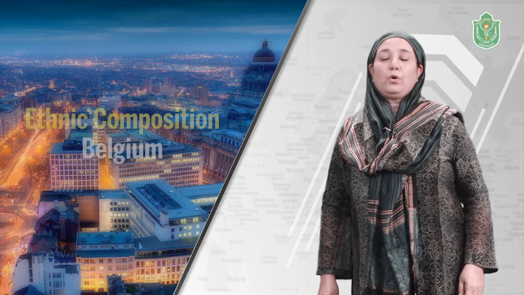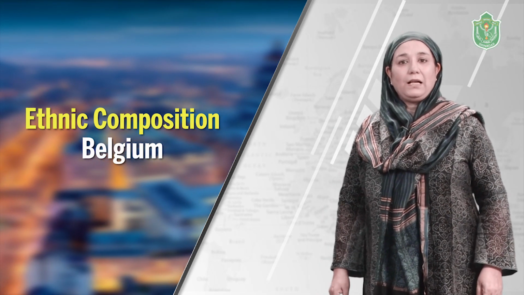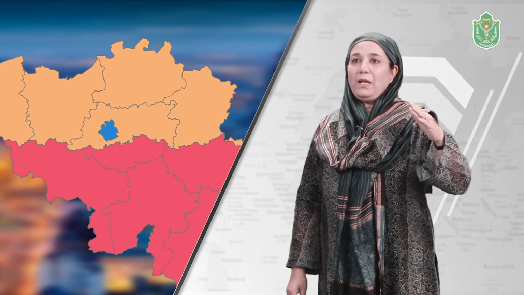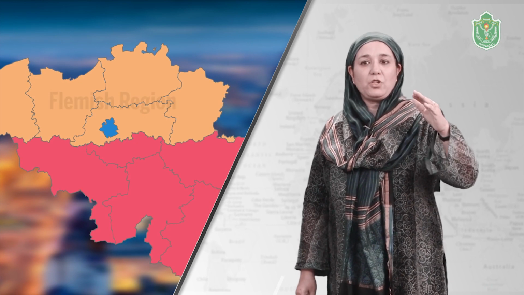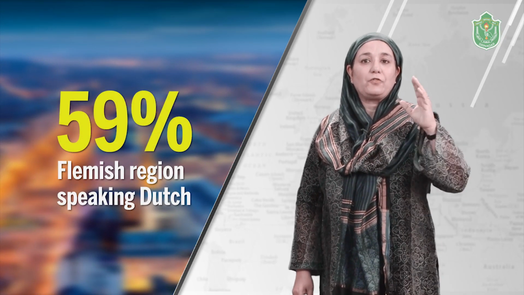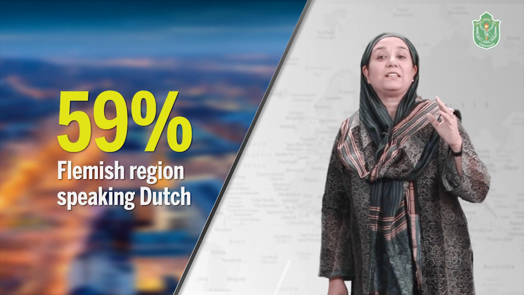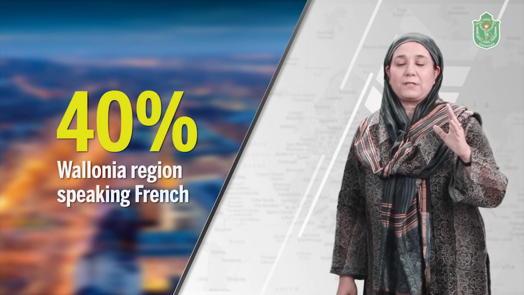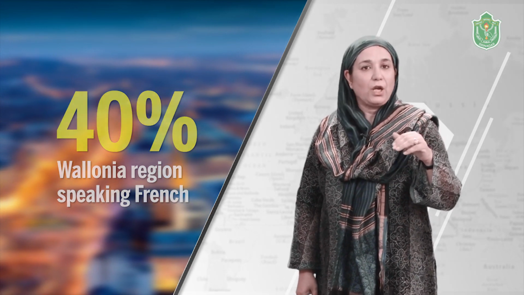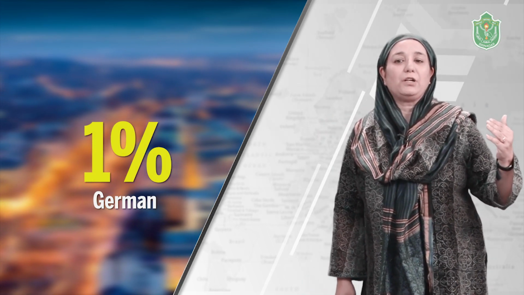Now children, let's go to the ethnic composition of Belgium. First, I'll tell you about the entire Belgium country. Now in Belgium there are two regions, the Flemish region and the Wallonia region. 59% of people live in the Flemish region and they speak Dutch. 40% live in the Wallonia region and they speak French. 1% residents are the Germans.